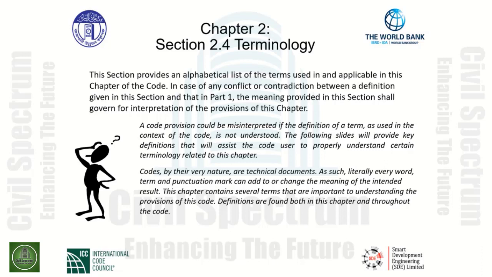This chapter contains several terms that are important to understand the provisions of this code. Definitions are found both in this chapter and throughout the code. Let's look at some key terminology relating to air conditioning, heating, and ventilation systems.